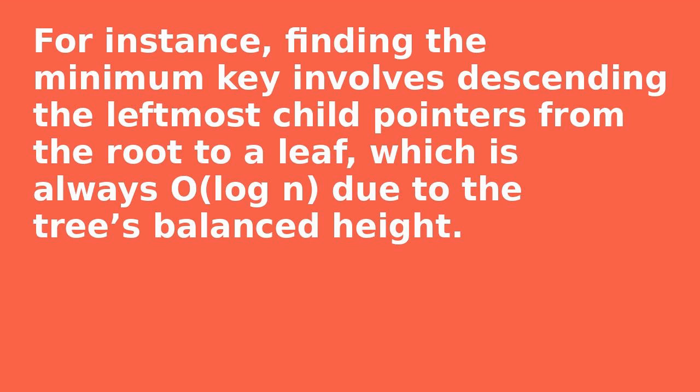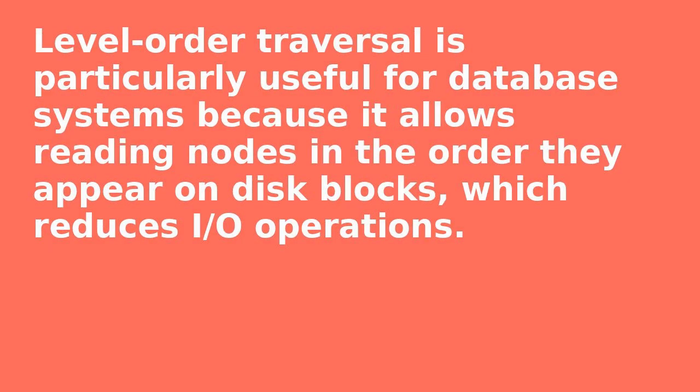For instance, finding the minimum key involves descending the leftmost child pointers from the root to a leaf, which is always O(log n). Due to the tree's balanced height, level order traversal is particularly useful for database systems because it allows reading nodes in the order they appear on disk blocks, which reduces I/O operations.